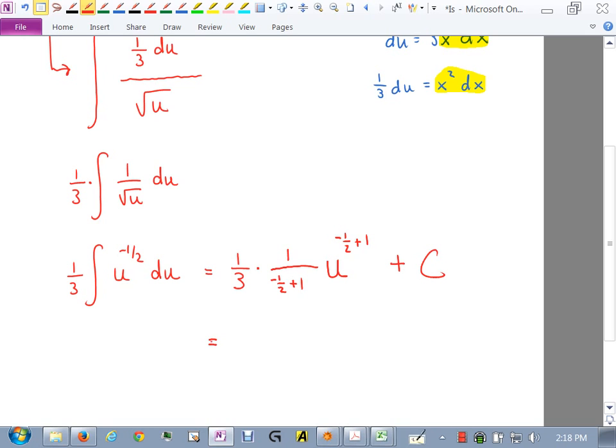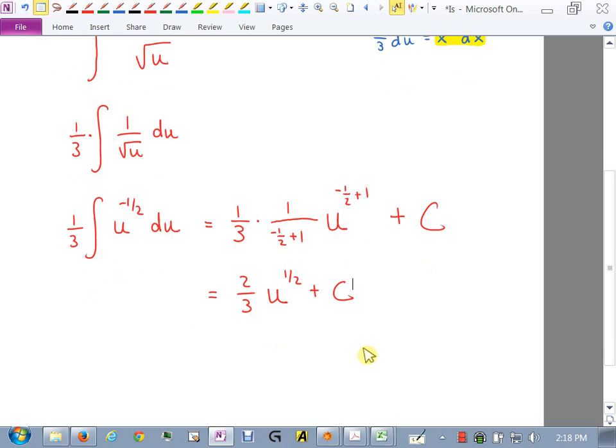What do we got? Negative 1/2 plus 1 is 1/2, 1 over 1/2 is 2, times the third, 2/3. 2/3 u to the 1/2 plus a constant. Almost done.